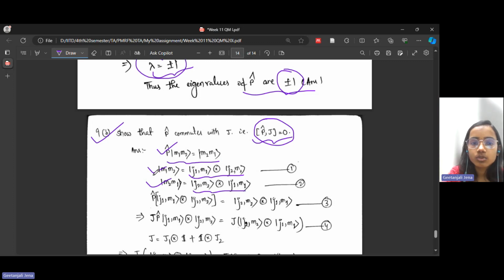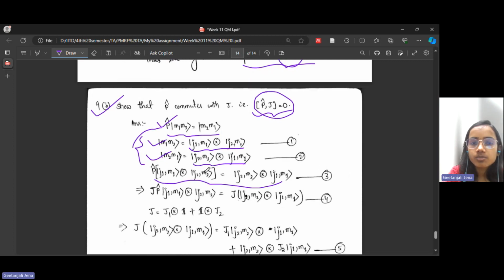So if you put this expression here, you will get this equation 3. So when P acts on this uncoupled state, it interchanges the state.